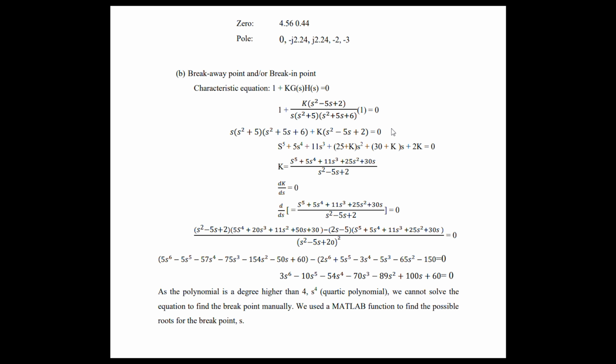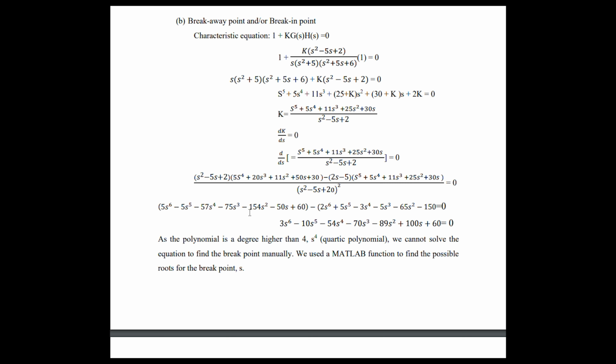We substitute that into the transfer function that we get to find the value of K. Then we get 3s^6 minus 10s^5 minus 54s^4 minus 78s^3 minus 89s^2 plus 100s plus 16 equals 0.